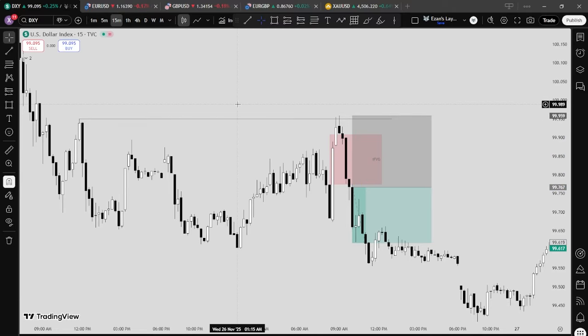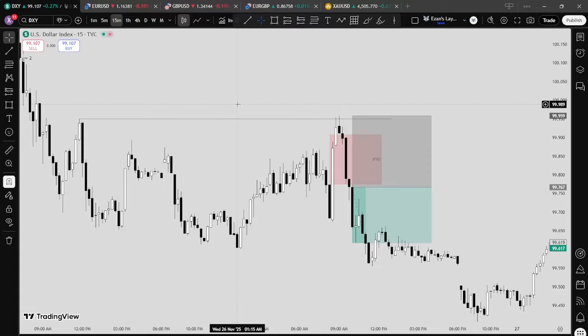Now like I just told you, there are weak highs that are formed inside of fair value gaps, and these highs are basically the highs that haven't swept out any other high or low. It can be a weak low as well, and these highs and lows tend to get swept out later on, right?